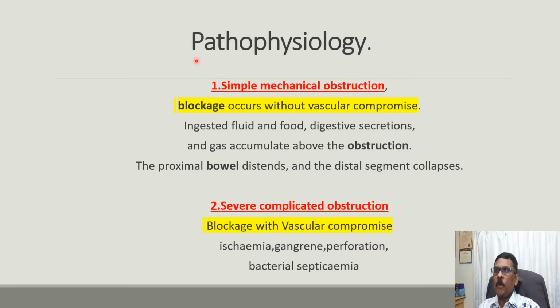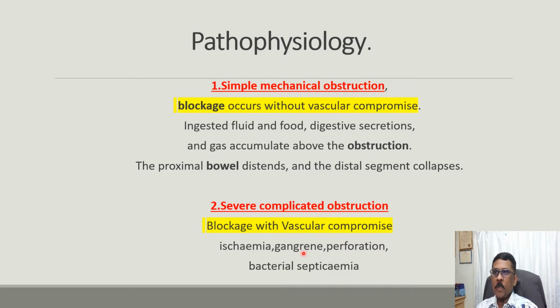As we continue into the pathophysiology of intestinal obstruction, there are two types of obstruction. One is simple mechanical obstruction, where there is blockage, but there is no vascular compromise of the intestine. Whereas the second one is the severe obstruction with blockage and vascular compromise.